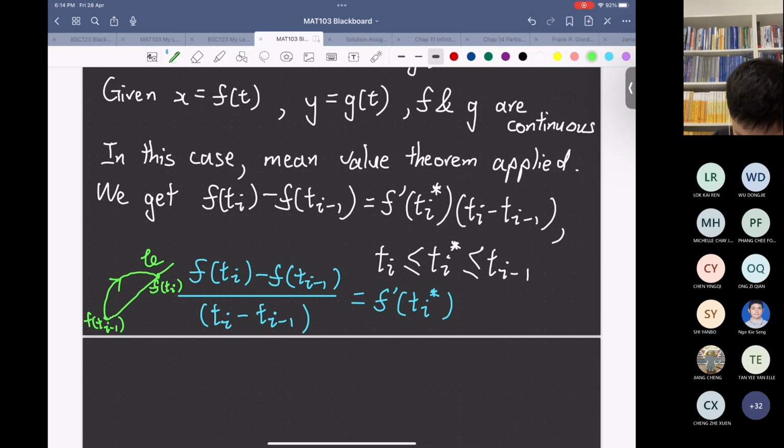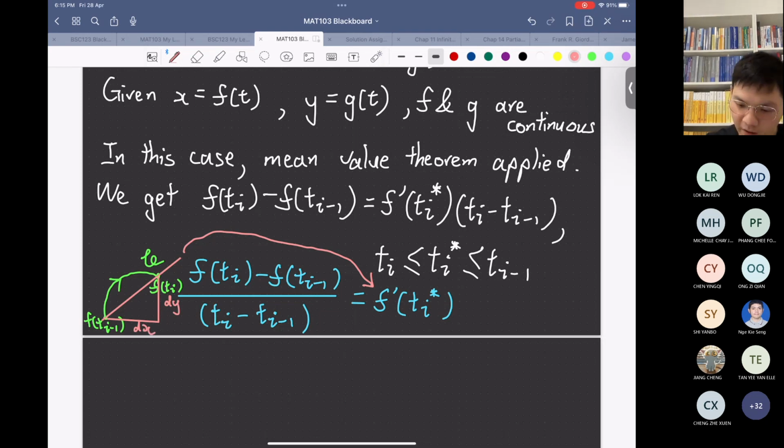What you are really doing is computing the gradient of this straight red line. You take the difference of y over the difference of x. So here is the dy, here is the dx.